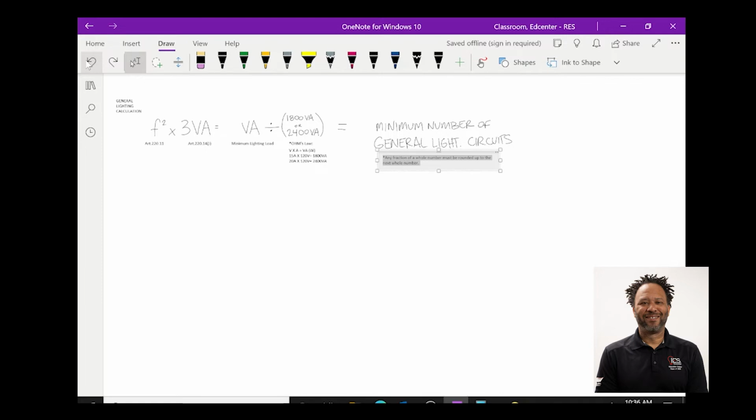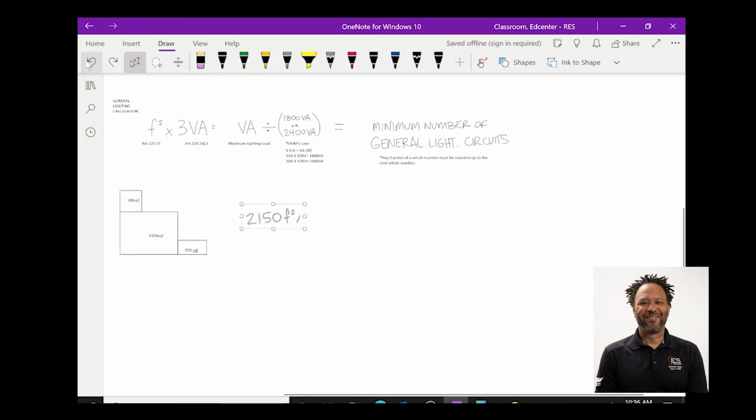At this time, let's work an example problem out. You see here we have a 2,150 square foot home with a 150 square foot garage and a 100 square foot patio. We will exclude the garage and patio because they are not considered a living space area, and we will use the 2,150 square foot for our formula.